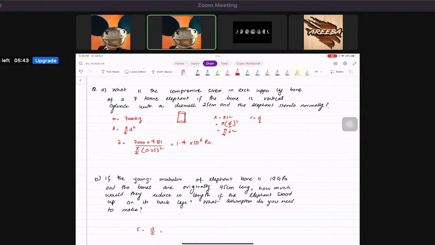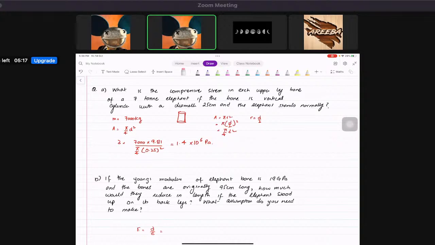Basically, there's a mistake in the previous question as well. The mistake is that the total mass of the elephant is this and the total weight is this. It says what is the compressive stress in each upper leg.